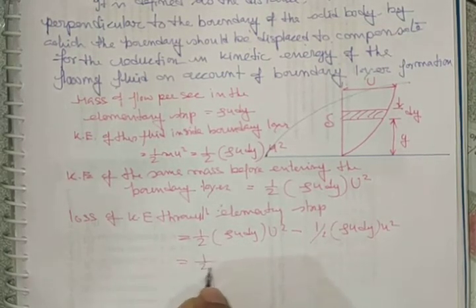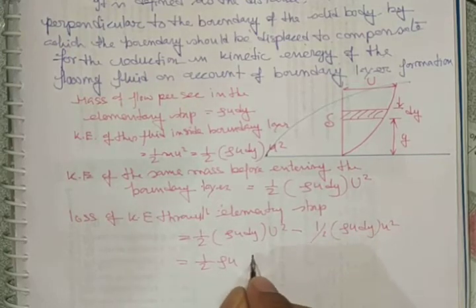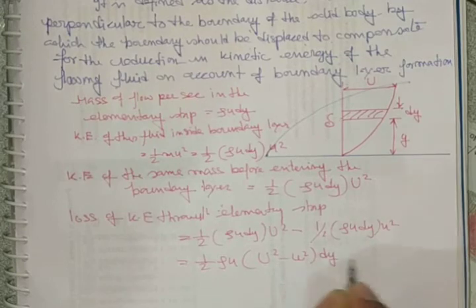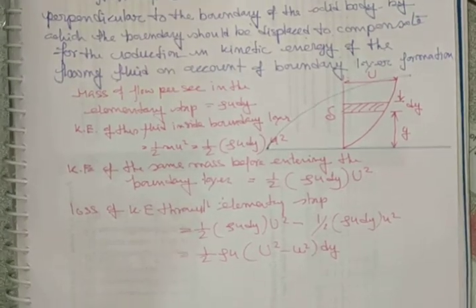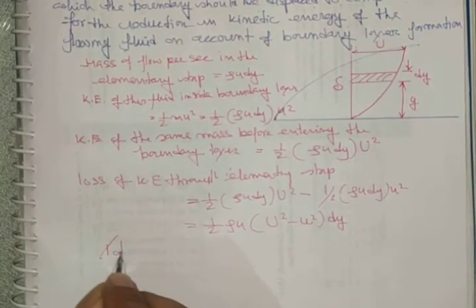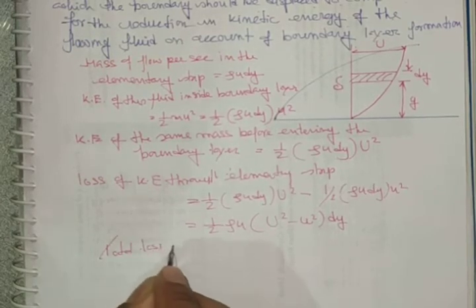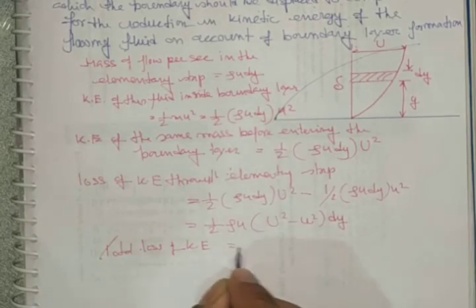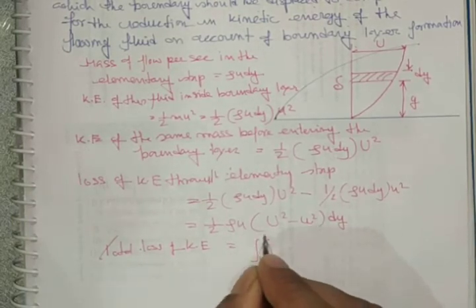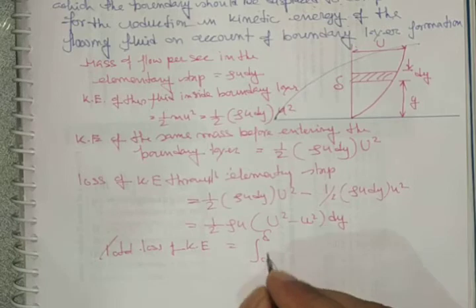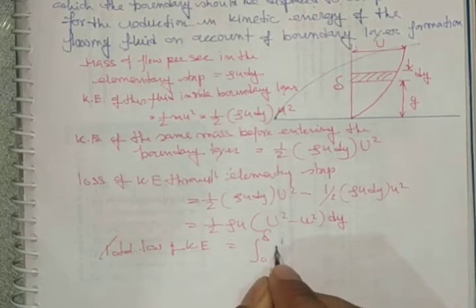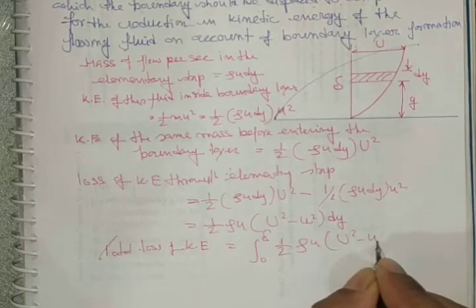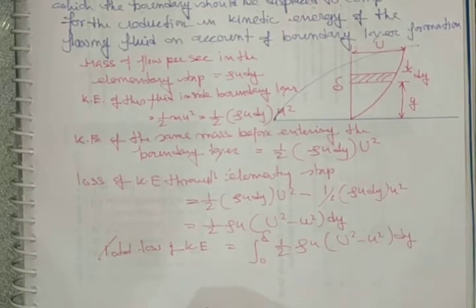So it will be half of rho u capital U square minus small u square del y, and total loss of kinetic energy is given by integration of 0 to delta half of rho small u capital U square minus small u square del y.